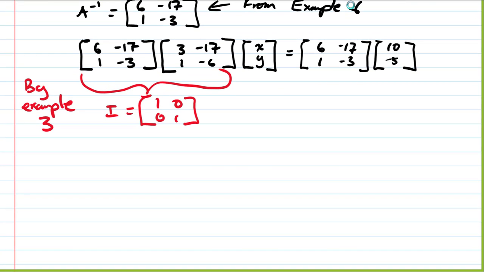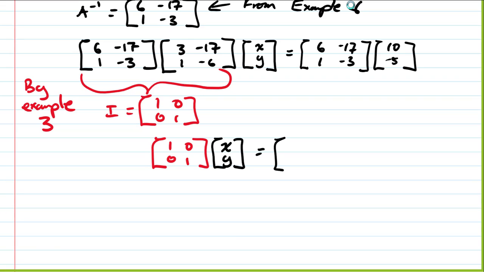So that gives us this matrix times this is equal to, we go across the row and down the column, so 6 times 10 plus negative 17 times negative 5. And across the row and down the column, so 1 times 10 plus negative 3 times negative 5.